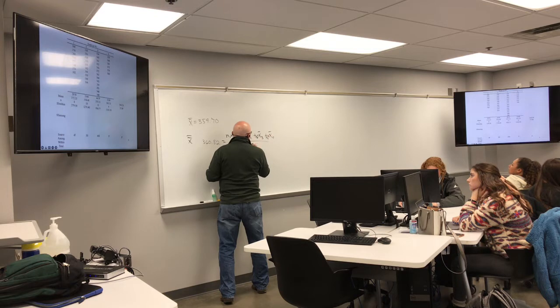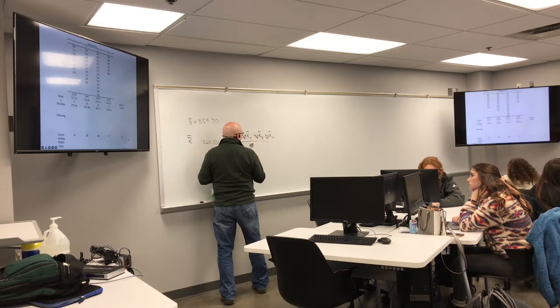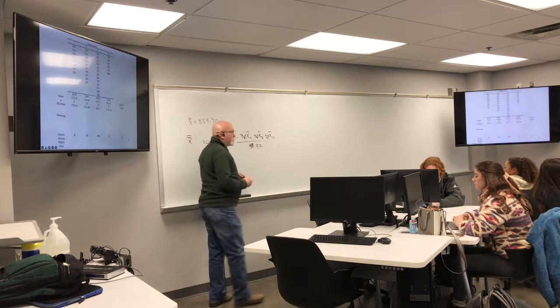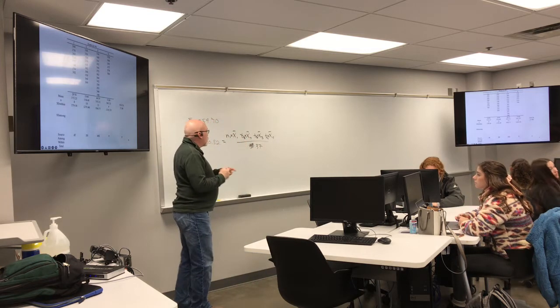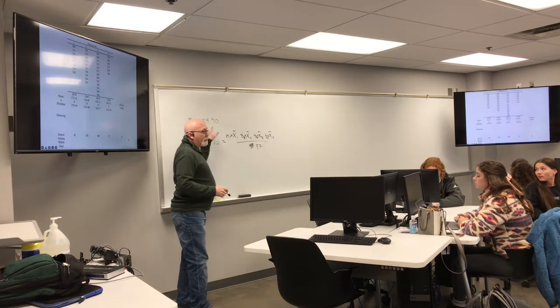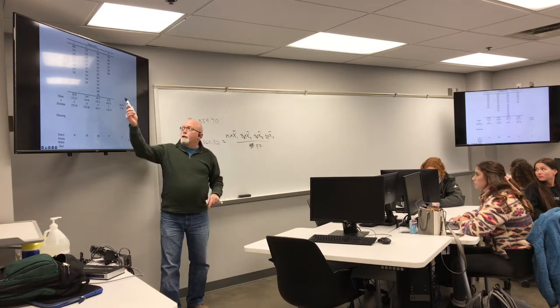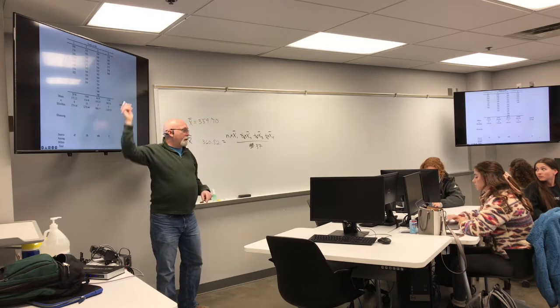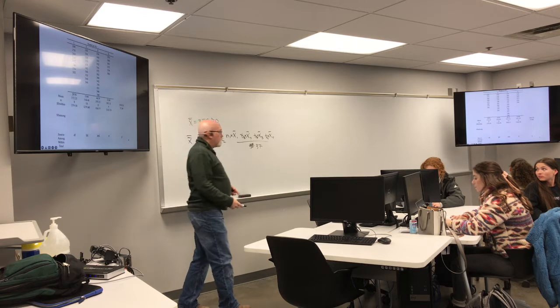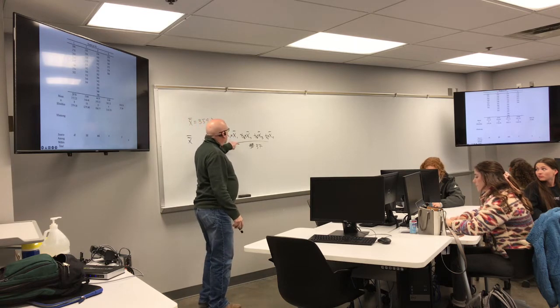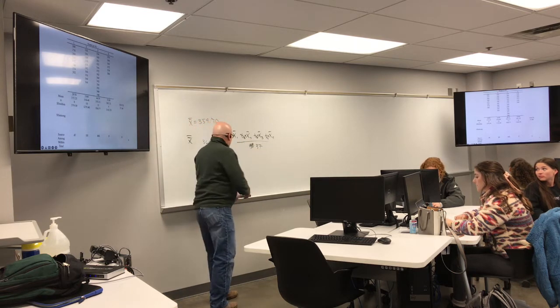And then you would divide this by what? The total sample size, 37. And if you do that, it should give you the same as you get for the grand mean if you just add up all of those values individually. So you can do it operating off the means, but you have to weight it by the sample size.